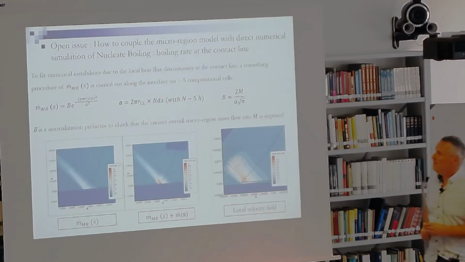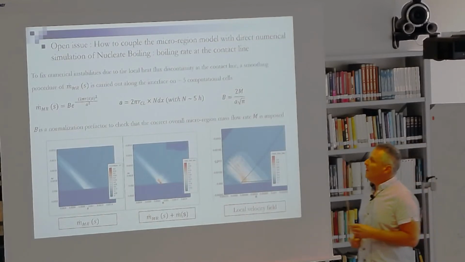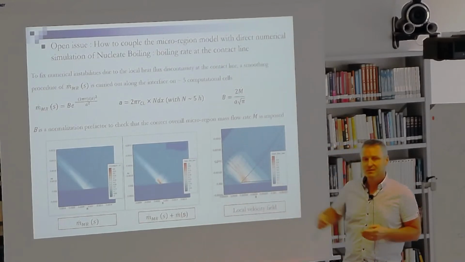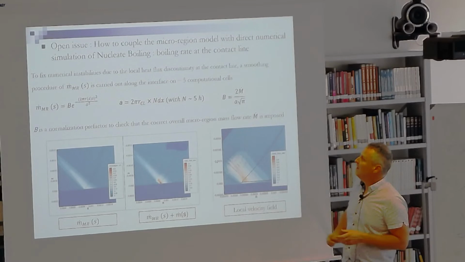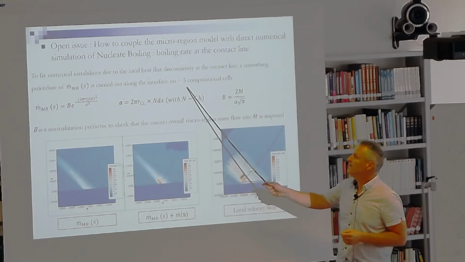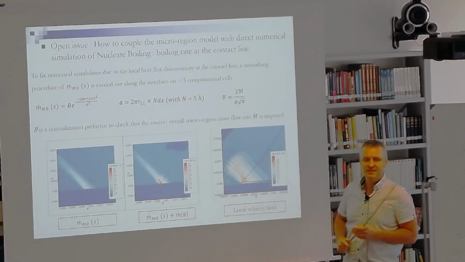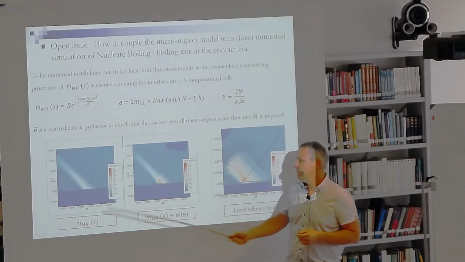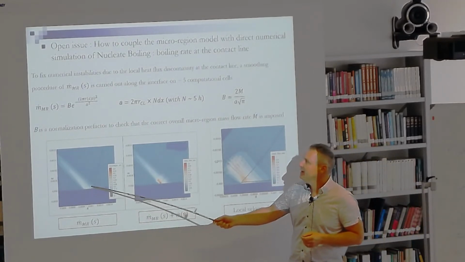So to overcome this problem, we undertake to smooth this microregion heat flux on approximately 5 to 10 computational cells along the interface. And this is here the smoothing.